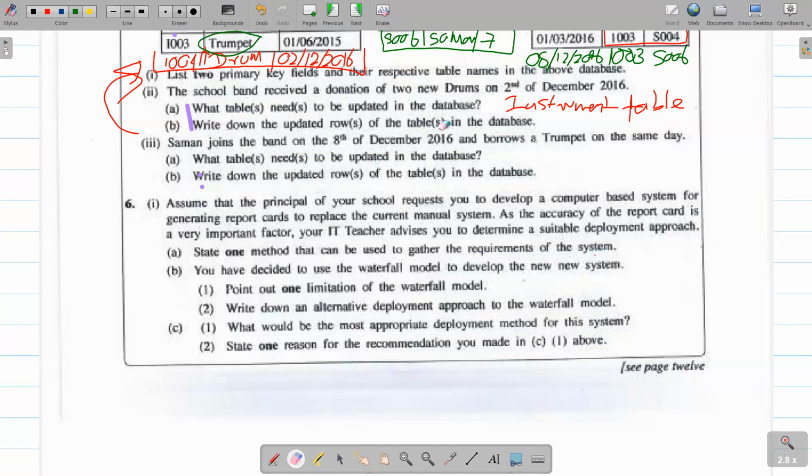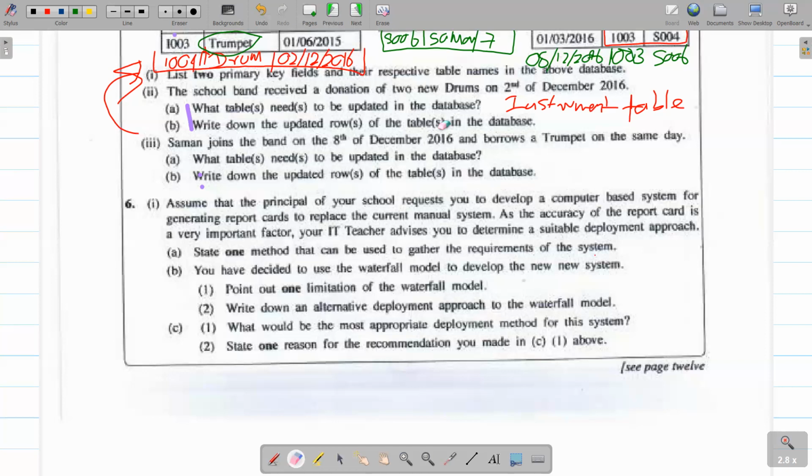The most appropriate one is going to be a pilot or a parallel one, right? Because it's about the report card generating system. So better we go with the normal method, where when you are applying the approach, then after a certain time you can decide whether to keep the old one or to work with the new one.